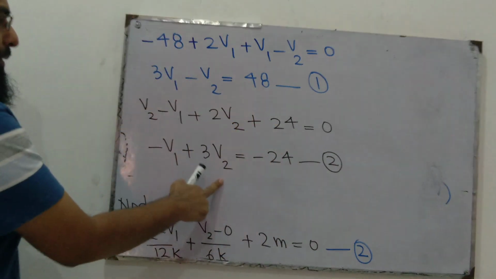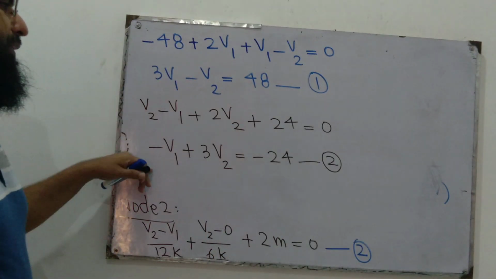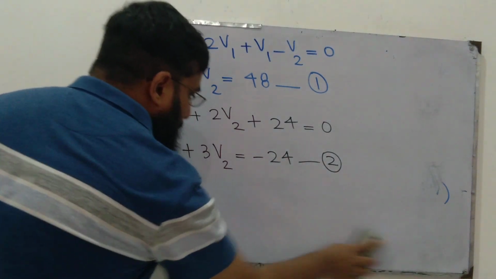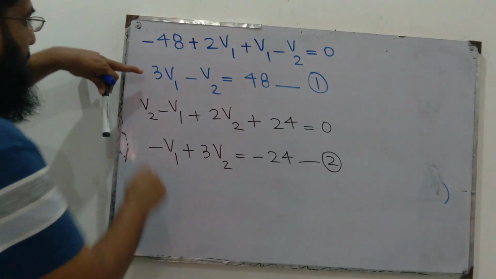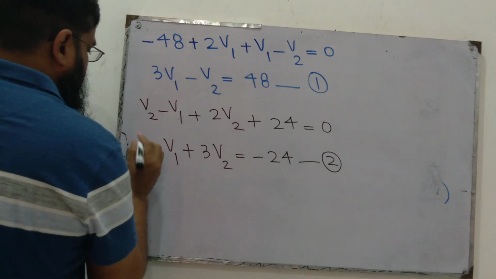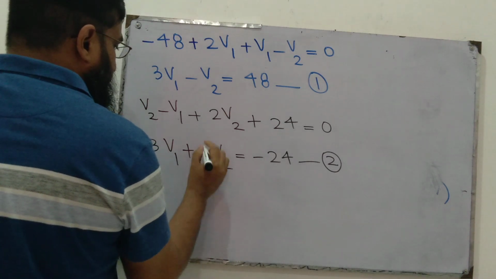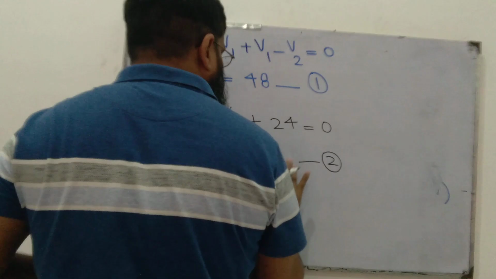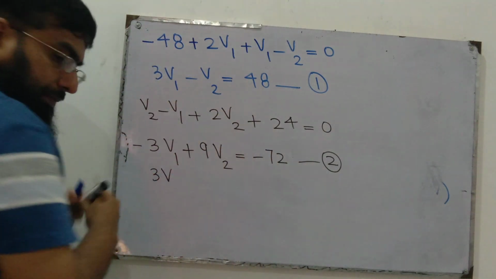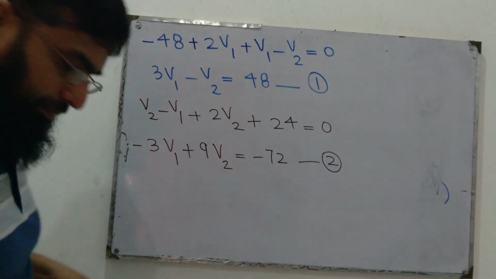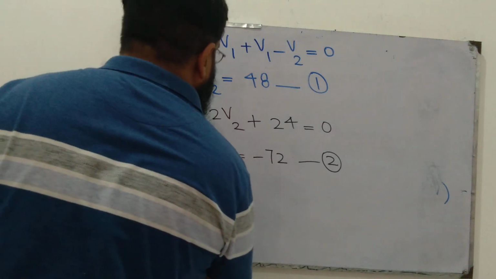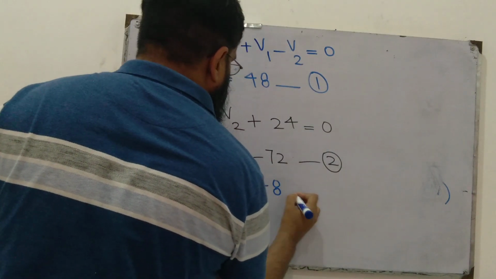Now we have equation number 1 and equation number 2, with two variables V1 and V2. Solving them simultaneously will give us V1 and V2. Let's multiply equation 2 by 3. If we multiply it by 3, this becomes minus 3V1 plus 9V2 equals minus 72. Adding equation 1, 3V1 minus V2 is 48.